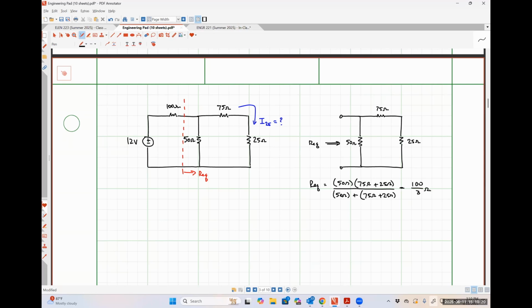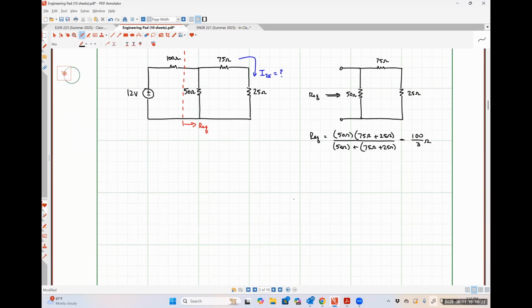over 3 ohms. Okay. So I'm going to redraw my circuit down here. And I'm replacing everything to the right of that dashed red line with that equivalent resistance that we just found.